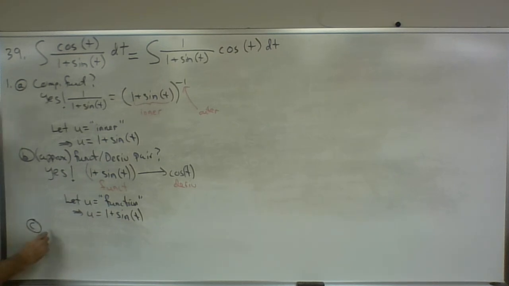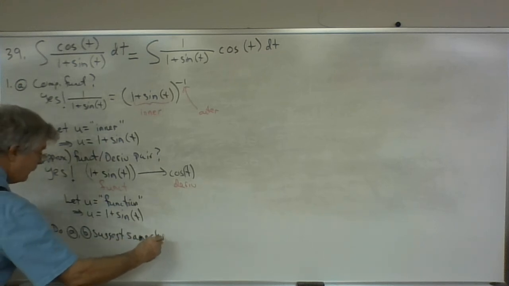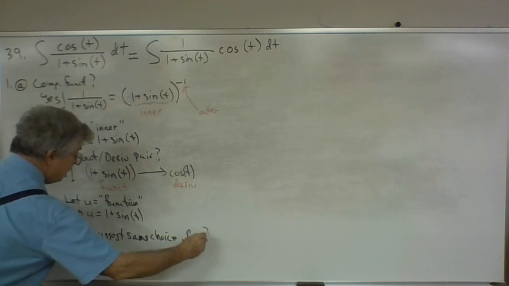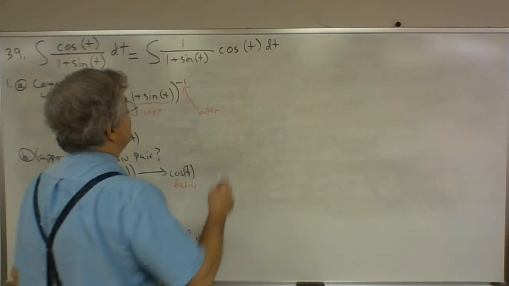And then we might want to check. Do A and B suggest the same choice of u? u equals 1 plus sine t, u equals 1 plus sine t. Wow. The fact that we can answer all three of these with a resounding yes means that u substitution is the way to go, and our choice of u is correct. So what do we do now?